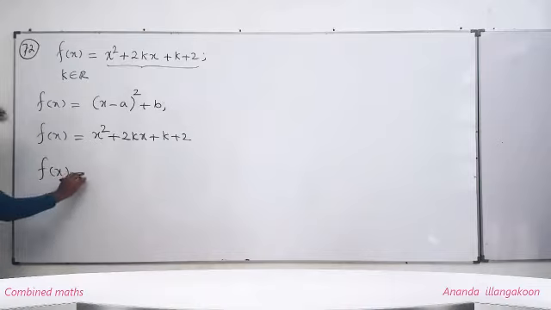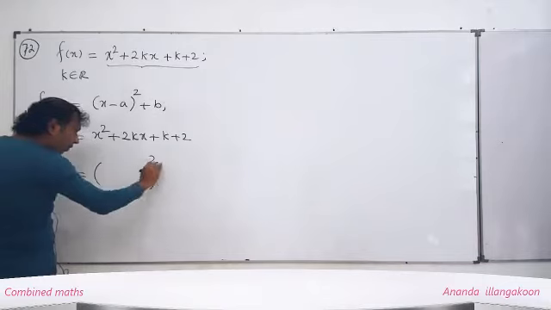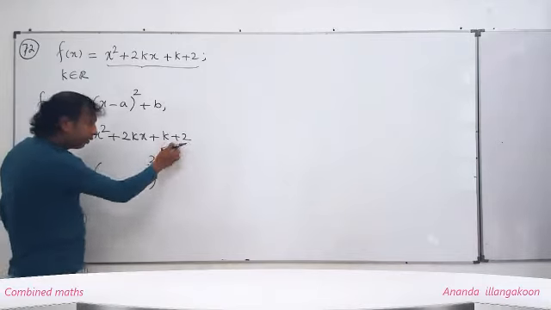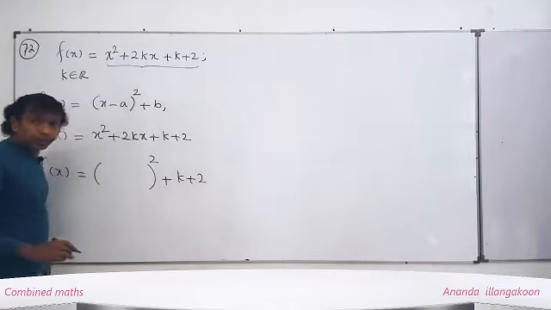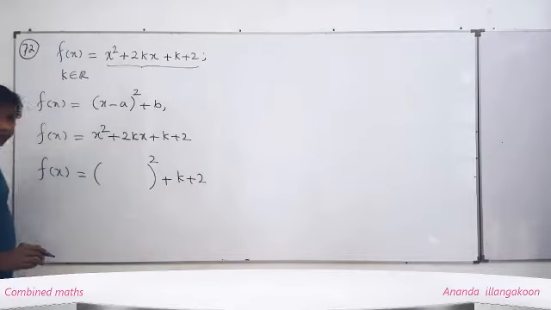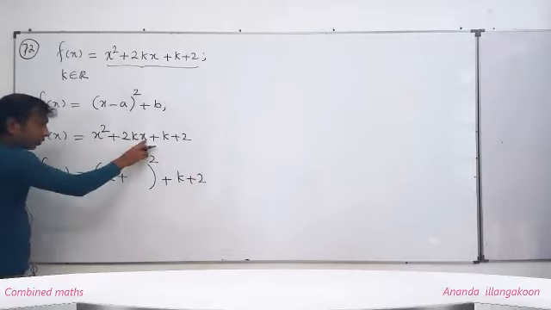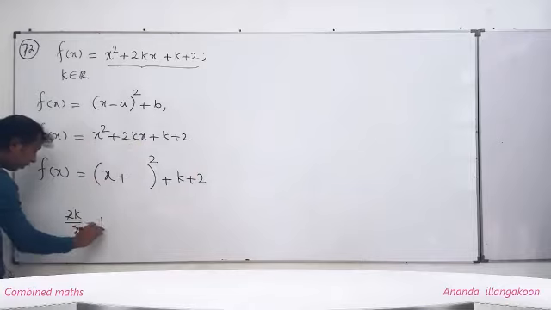What are the steps in completing the square, people? Put the perfect square here, and the term which is not involved in x, we have to write soon after the bracket. And within the bracket, what do you write? From the x squared, only x plus the x coefficient. What is that? 2k. We divide that by 2, then we get k.